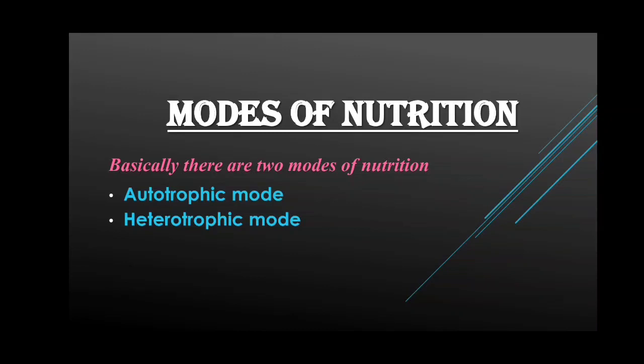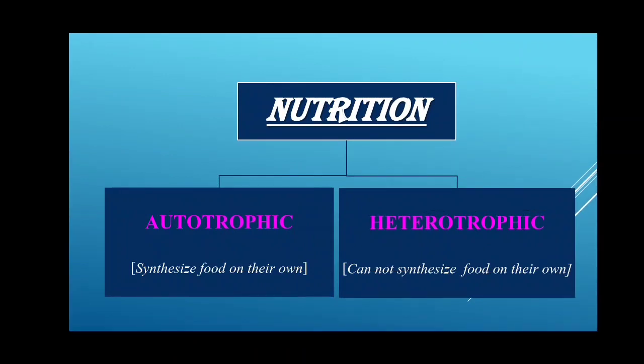This autotrophic mode of nutrition consists of the term autotrophic. Now, auto means self and trophs means nutrition. So, the mode of nutrition in which any organism can synthesize its own food is known as autotrophic mode of nutrition, whereas in heterotrophic mode of nutrition, hetero means others and trophs means nutrition.